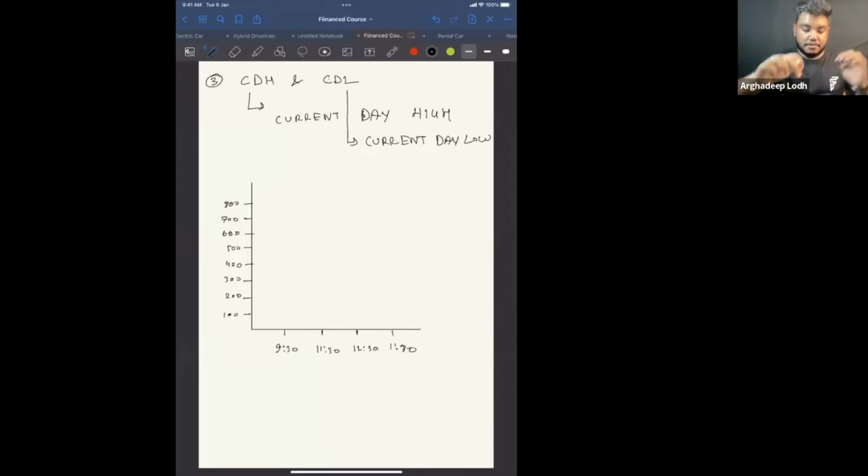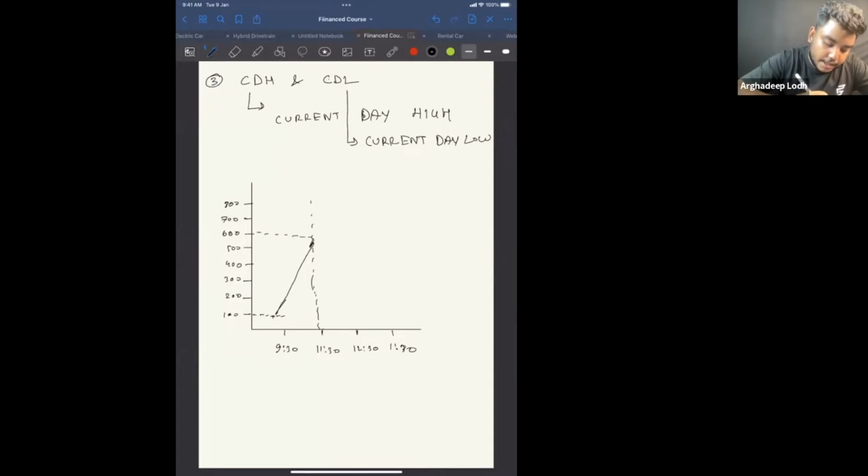Let's say at 9:15 the market opened here at 100 रुपीस पे. At, let's say, 11:30 the price went up and touched ₹600.